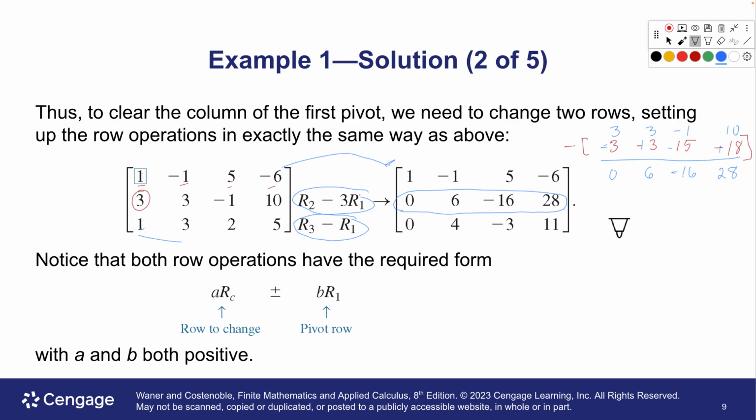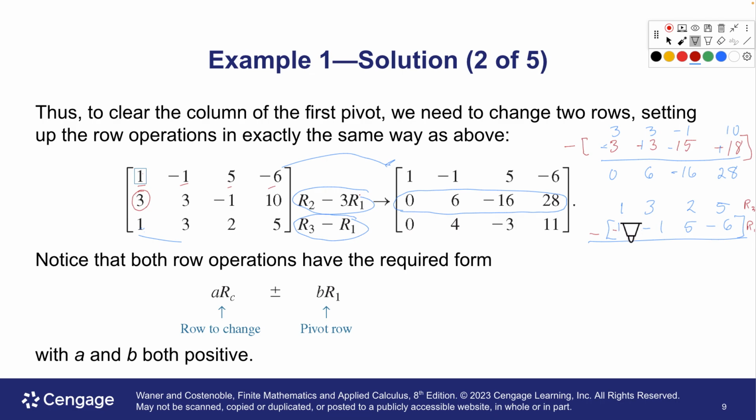So they don't do any multiplication, but row 1 gets written 1, -1, 5, -6. I'm going to write row 3 here as 1, 3, 2, and 5. And again, we're going to subtract row 1 from row 3.